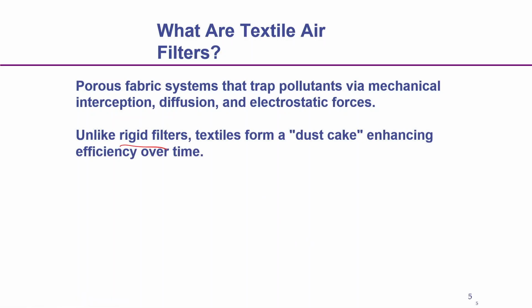Unlike rigid filters, the main problem is that dust cake formation is not there, and you cannot form different shapes. In a textile filter, the main advantage is that it is flexible: you can pleat it, you can make it cylindrical.